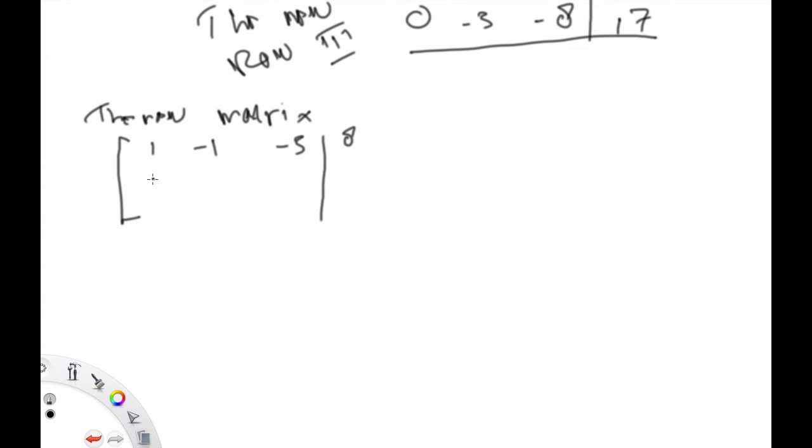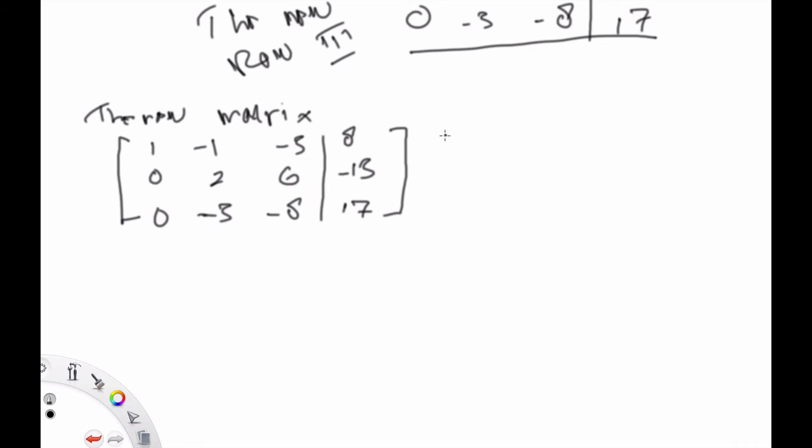The new second row goes here: 0, 2, 6, -13. And the new third row is 0, -3, -8, 17. Okay, that is the new matrix.